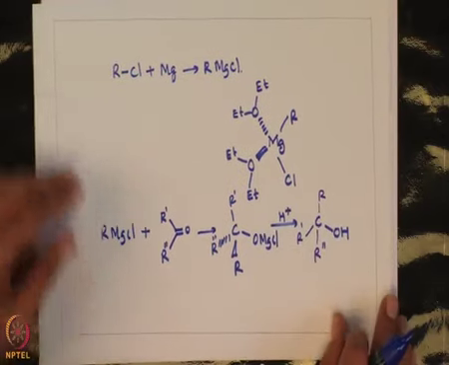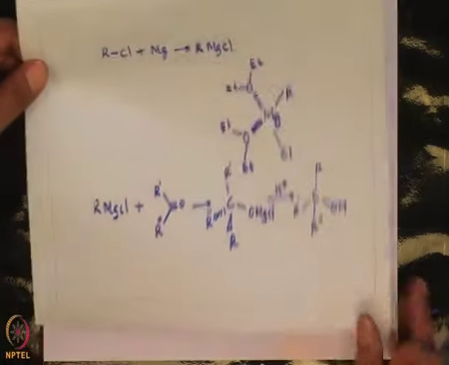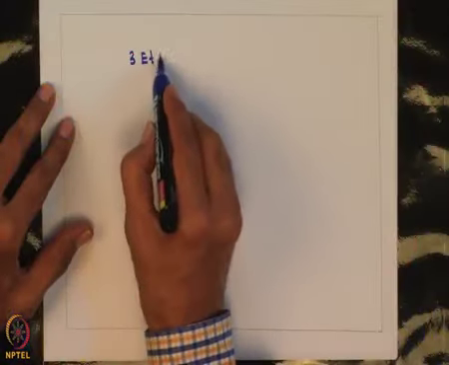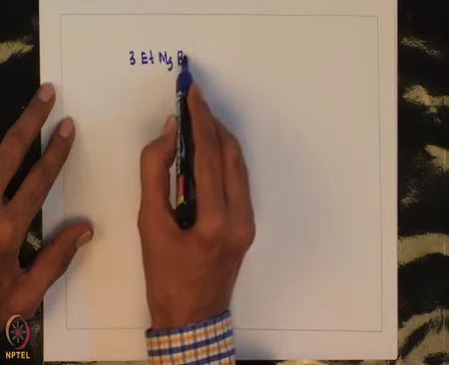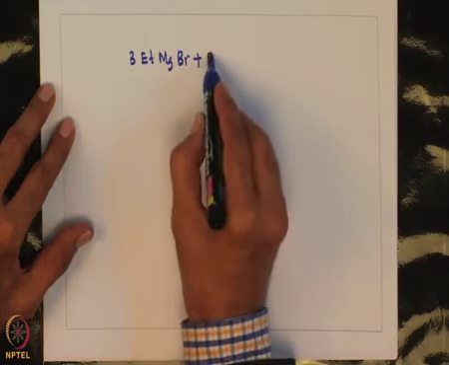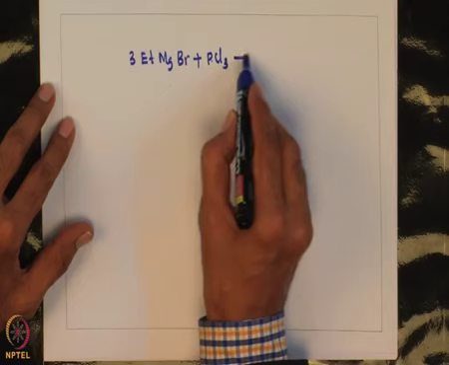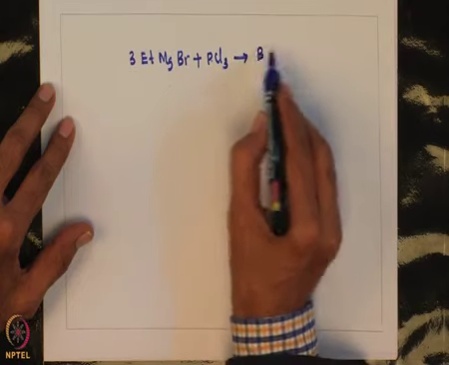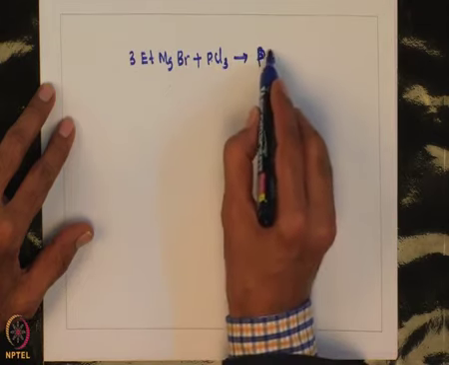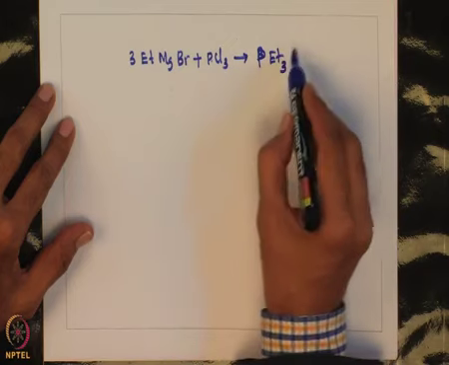Not only that, one can also use it with various other p block element organo compounds. For example, treatment of Grignard reagents such as ethyl magnesium bromide with PCl3, phosphorus trichloride, leads to the formation of a very important phosphine ligand, triethylphosphine.